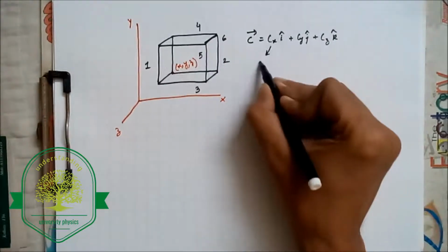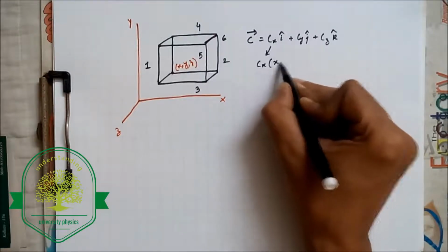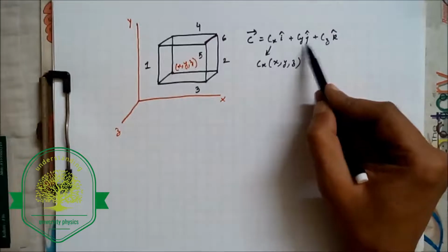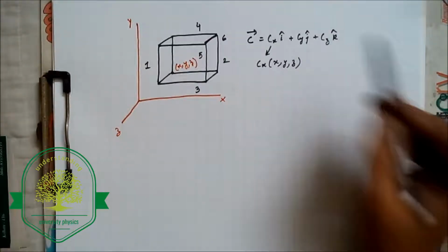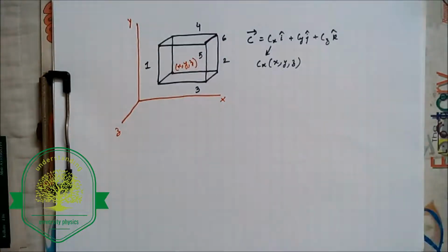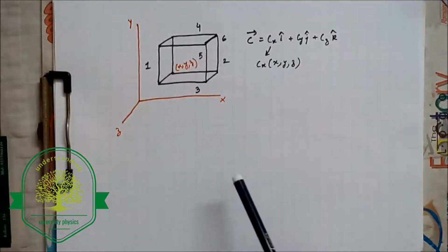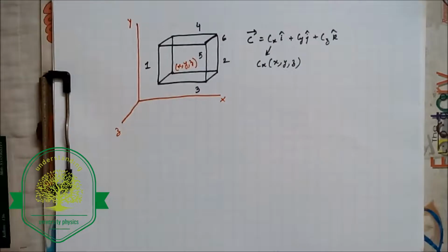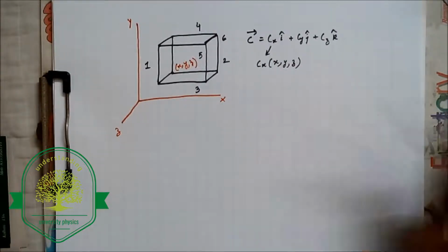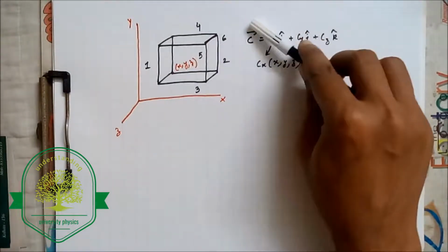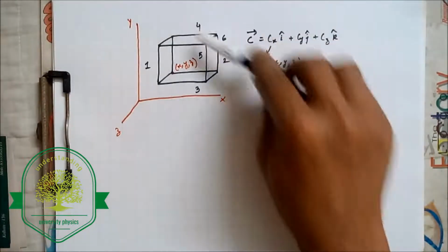So for instance, Cx is a function of x, y, z. Similarly, Cy and Cz, they are also functions of x, y and z. So the vector field changes from point to point, both in terms of magnitude as well as in terms of direction. So at different points we have different vector lengths pointing in different directions.